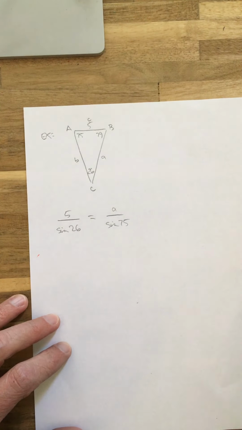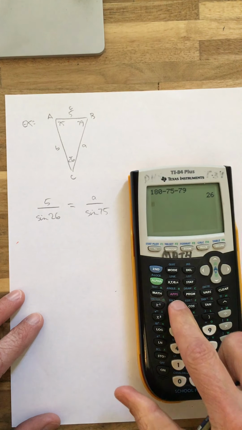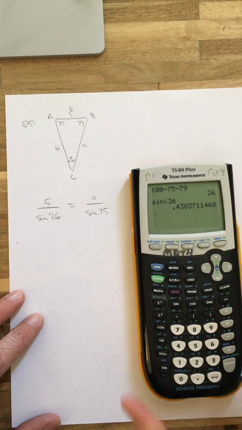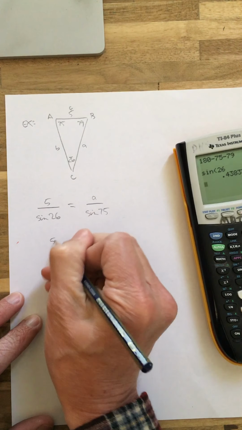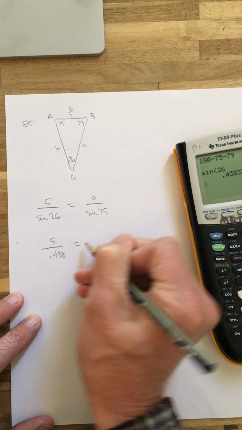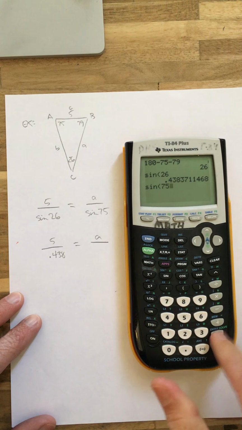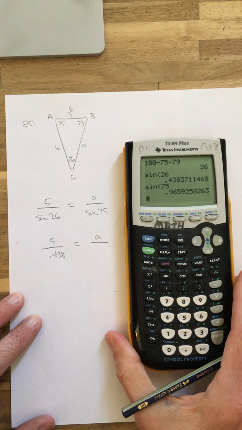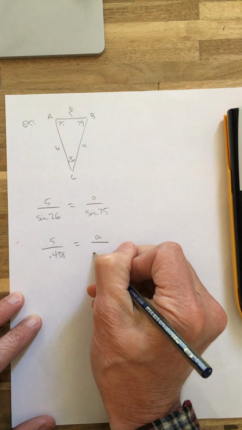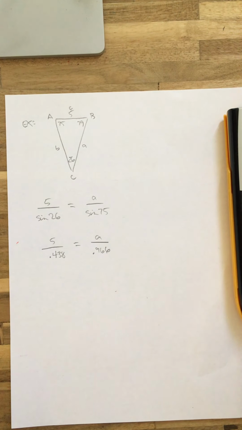Again, tons of shortcuts, so you don't have to do it my way. Sine of 26 equals 0.438. So this is 5 over 0.438 equals A over the sine of 75. Sine of 75 equals 0.9659, so let's just say 0.966.